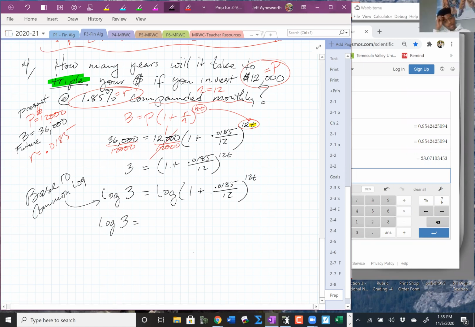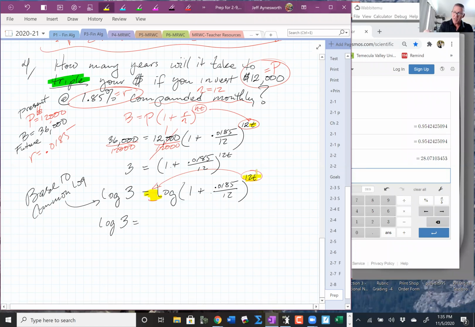Well, I would go like log 3 is equal to t log, or it'd be either log t or t log, and then in the parentheses 1 plus 0.0185 divided by 12. That's close. What we want is to take that entire exponent and shift it to the front. Oh, you're taking the 12 too. Okay.